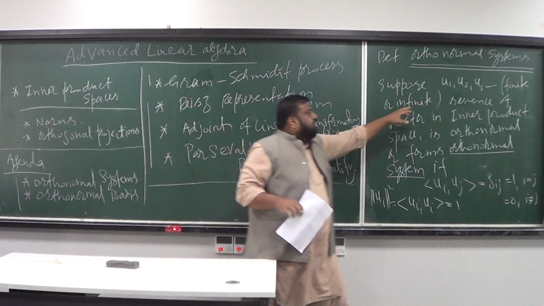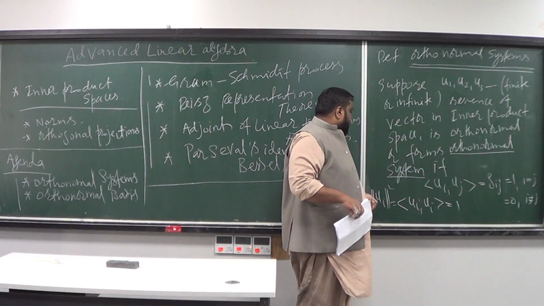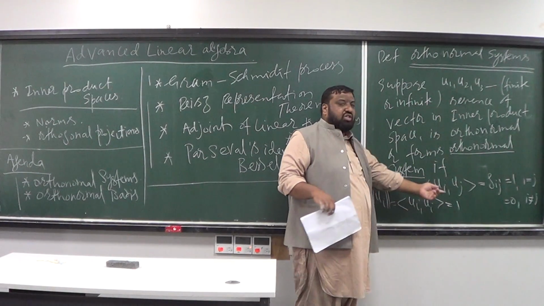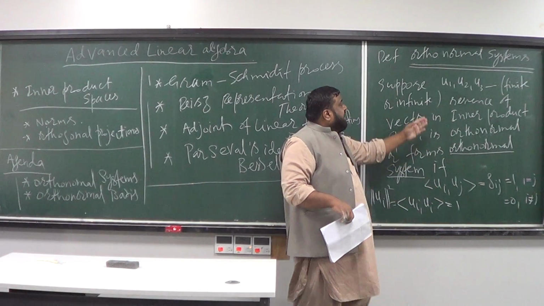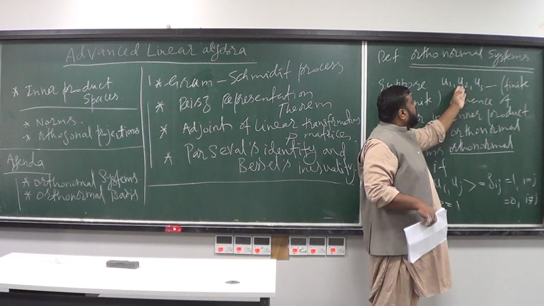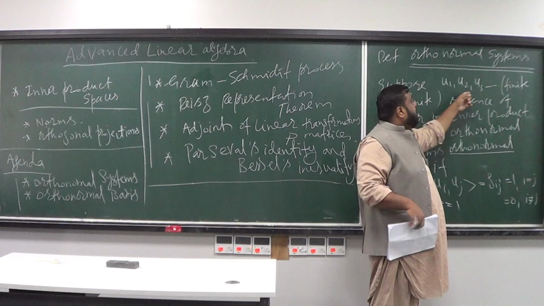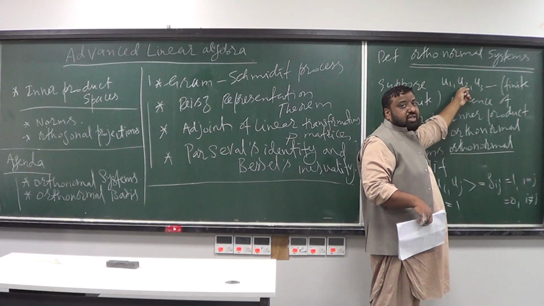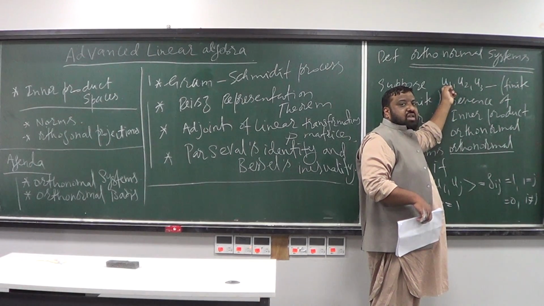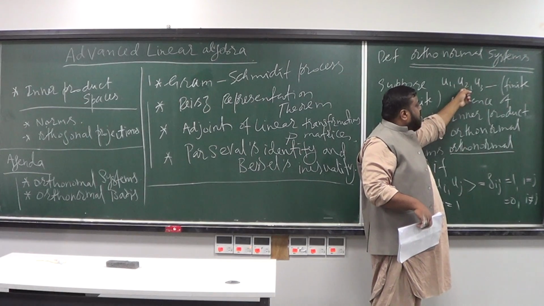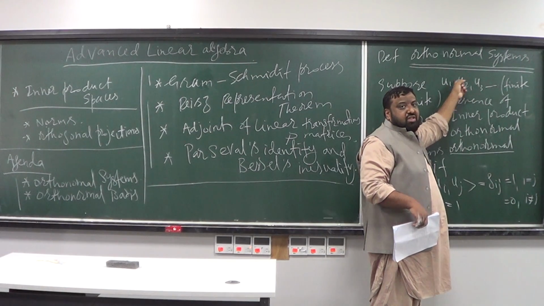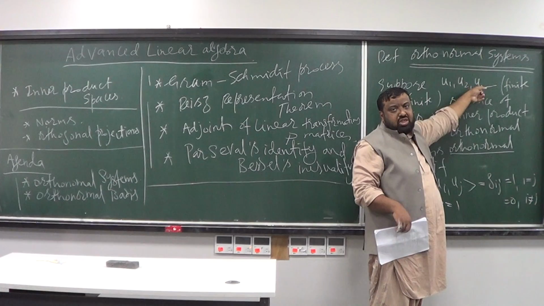So each one of these vectors has unit norm, and each one is orthogonal to every other vector. In other words, the inner product of u1 with u2 is 0, u1 with u3 is 0, u2 with u3 is 0, and so on.